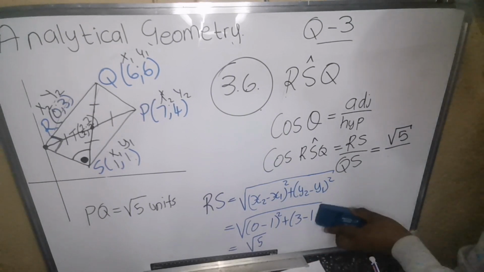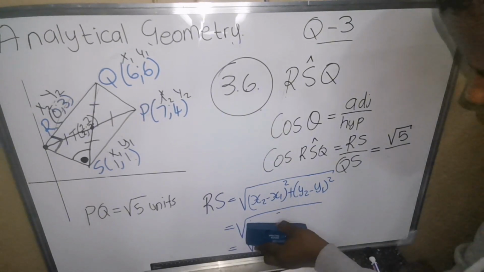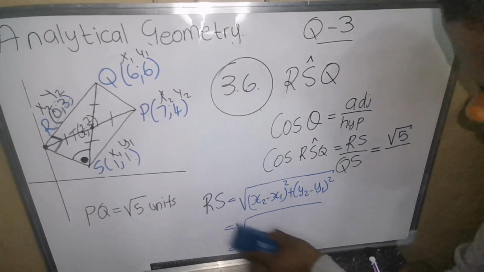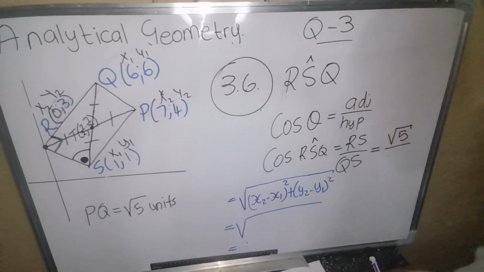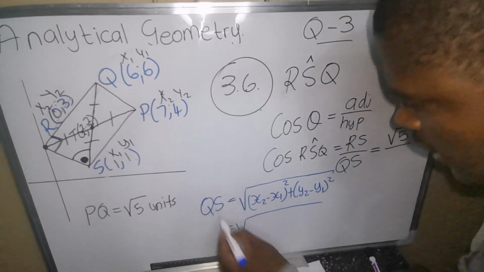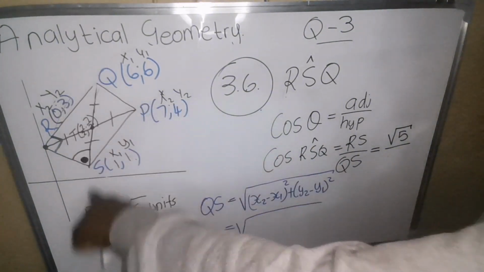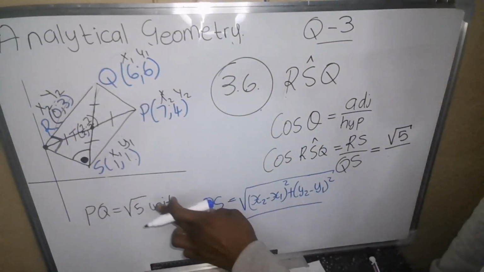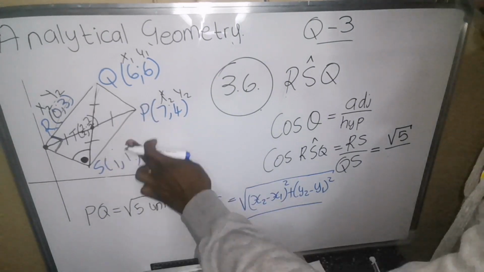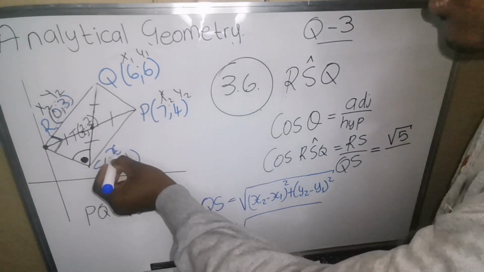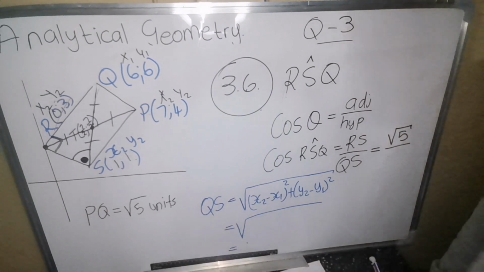Then how about the length QS? So I can label them properly, guys, x2 and y2.